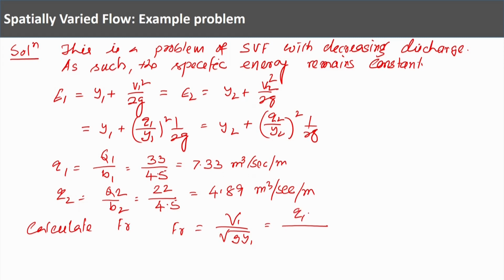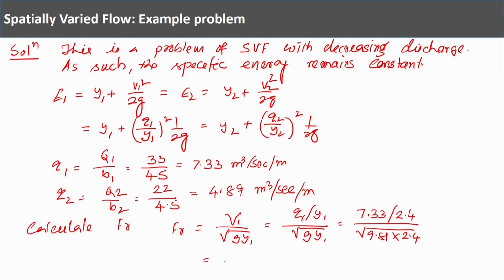So, this is q1 by Y1 and under root g y1. If you put the value, this is 7.33 divided by 2.4 and under root 9.81 into 2.4.